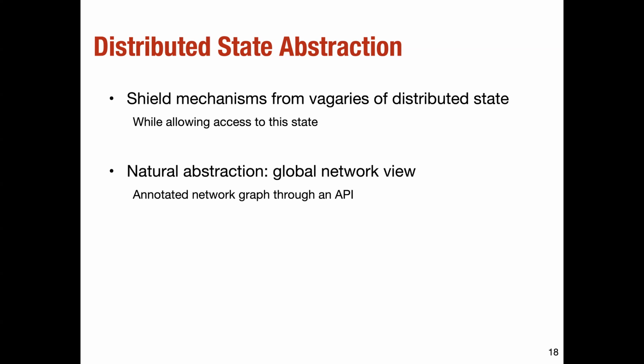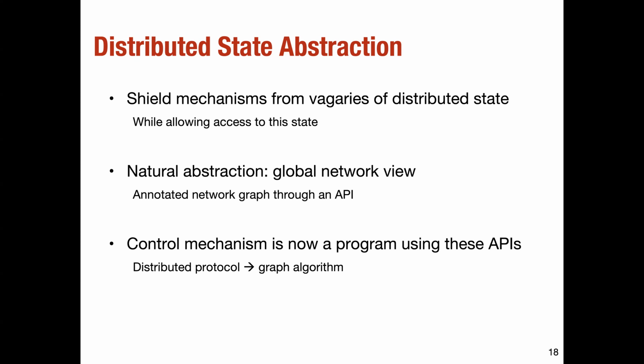So here, a natural abstraction is a global network view, right? As long as the control programs have access to this global network view, which you can think of as an annotated network graph with some APIs that the control program has access to, the mechanisms of how that global network view is enabled are just hidden away, right?